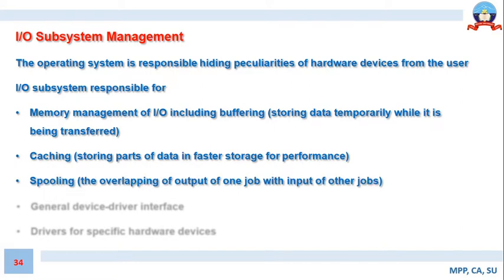Now the next one is spooling. Spooling is a very important concept that one needs to understand. As I've already said, in a computer system there are devices that operate at different speeds. For example, the rate at which jobs are assigned to a printer by the central processing unit may be relatively faster than the speed at which the printer is capable of performing the job of printing. So here we associate a spool with the printer, which will arrange in sequence all the jobs that are being assigned to the printer.